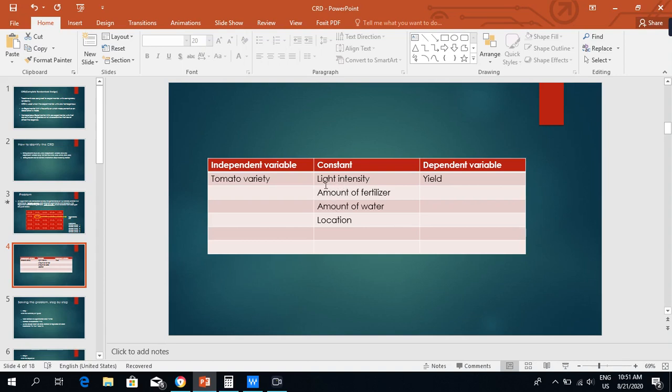If we provide the same light intensity, same amount of fertilizer, same amount of water and same location for all 25 plots, they become homogeneous because they are provided the same environmental conditions. That means they are homogeneous.